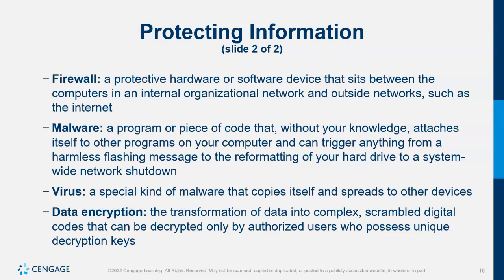Malware is a program or code that attaches itself to other programs on your computer and can do bad things to your computer or to your network. Same with a virus. We're all aware of these. We all have virus protection, hopefully, on our computers. And then data encryption is when we transform data into complex scrambled digital codes that can only be decrypted by authorized users.